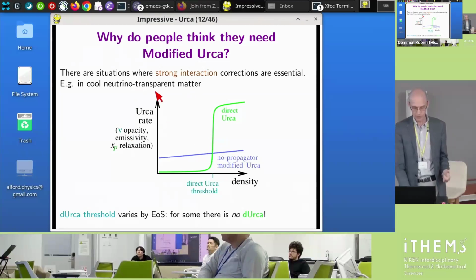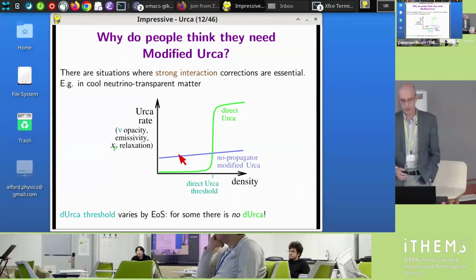And what you find, depending on the equation of state, as it says at the bottom here, is that in some equations of state, there's a threshold density where direct Urca suddenly drops to a very, very small rate. And then below this direct Urca threshold, if you calculate that very bad approximation to modified Urca, no propagator modified Urca, then you get something that is actually the dominant contribution.